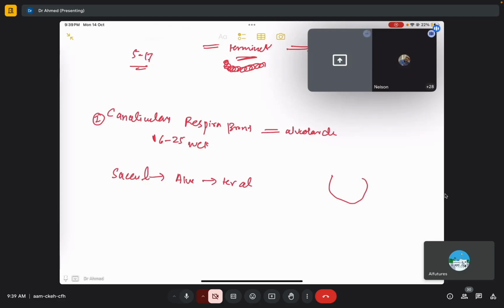It increases the surface area. Gaseous exchange is dependent upon surface area, so with more septations you have more surface for gaseous exchange, and it helps to have more concentration of oxygen inside your blood, right?